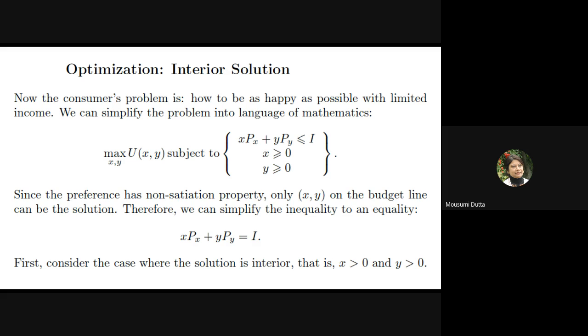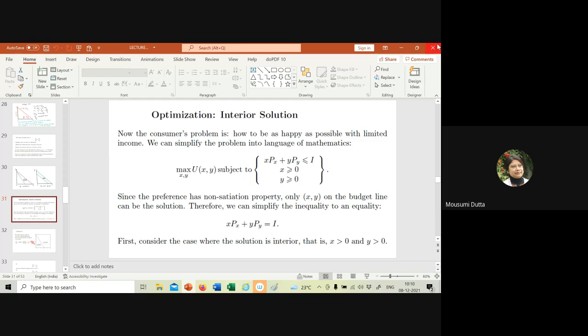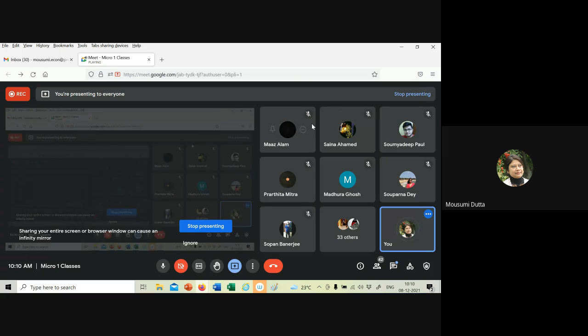Next, having the budget line and the indifference curve, in the next step we are trying to find out the optimum solution for the consumer. That is, I have the idea of the income constraint, and I have one utility function.